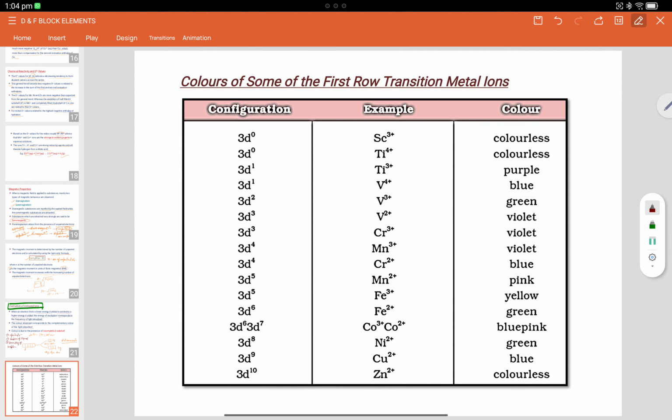Color of some first row transition metal ions: 3d0 configuration, scandium plus 3, colorless. You can check scandium, titanium, different electronic configurations and their colors are given. You can take a screenshot, and I think this table is present in NCERT also. Maybe check it once.